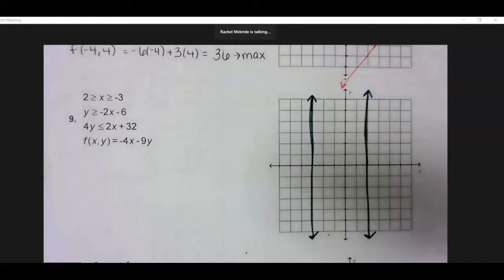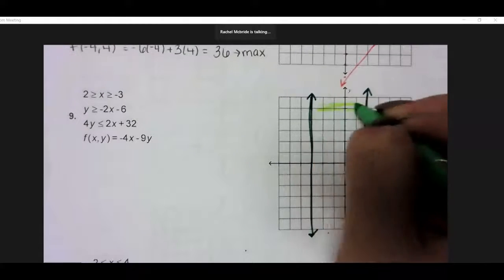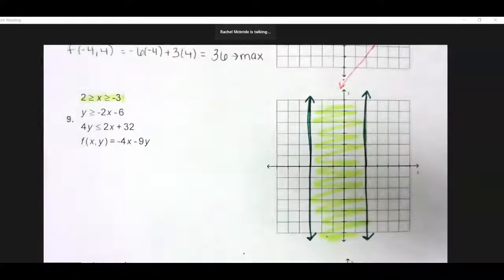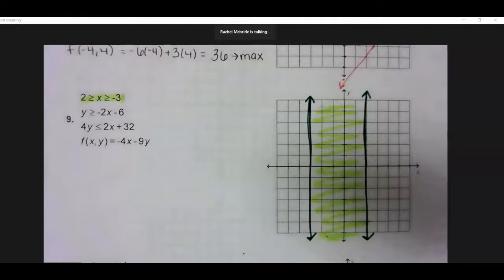And then what we're going to do from here is shade between them. So that represents our first equation. So that is a domain constraint. You are limiting your x values from -3 to 2.